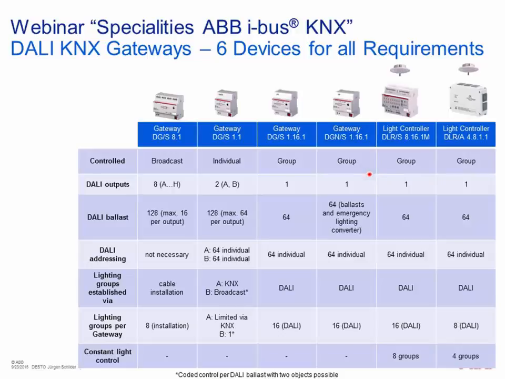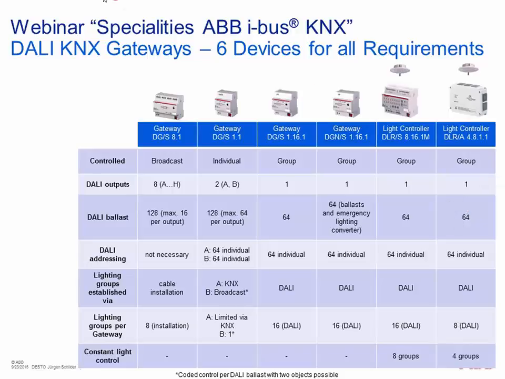So this is very specific, but in some projects a very successful product where you would like to create such a consistent solution. And these other 2 devices, one for the distribution board installation and one for the decentralized installation, are DALI gateways with integrated controller for constant light control. Means you connect light sensors here, and then you also have constant light control based on a DALI KNX gateway available.